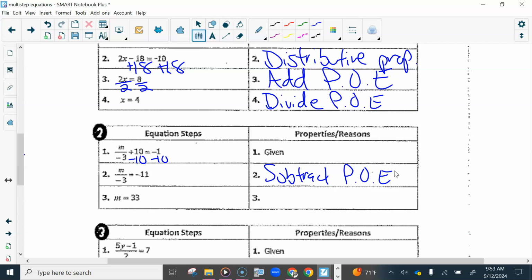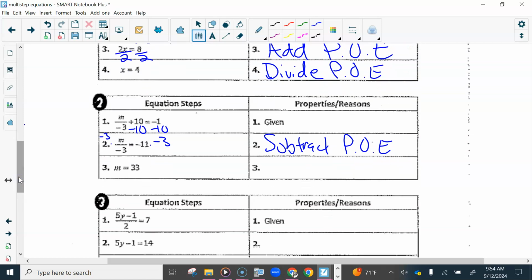Okay, and then the next. From step 2 to step 3, what did they do? Multiply by both sides. So they took that -3 and multiplied on both sides. Multiplicative property of equality, or multiplied.